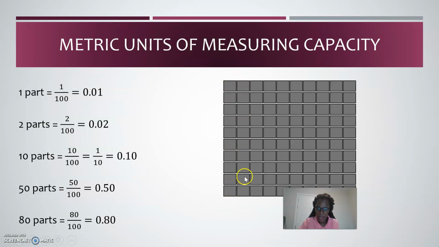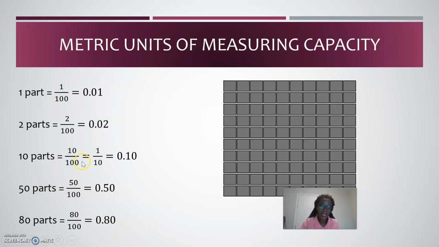This one here, 2 tens, 3 tens, 4 tens, 5 tens, 6 tens, 7 tens, 8 tens, 9 tens, and 10 tens. So one flat has 10 tens. So if we select 1 ten over 100, that is the same as saying 1 over 10. And as we already know, 1 over 10 is 0.1.